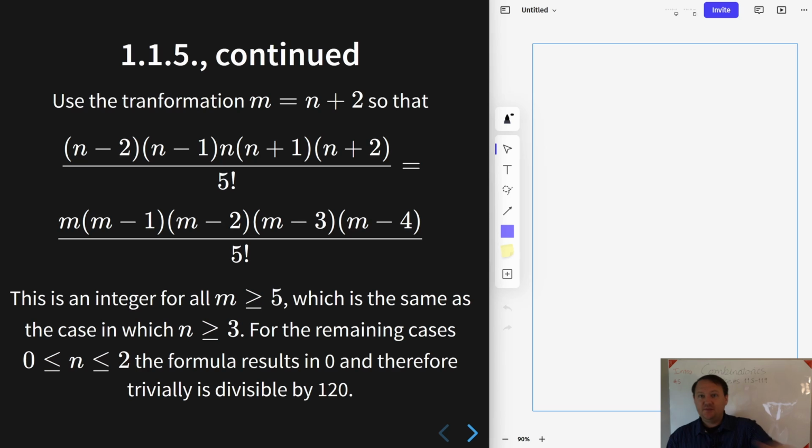So this basically constitutes the proof for when n is greater than or equal to 3. And in the remaining cases where n is between 0 and 2, it's easy enough to see that the expression evaluates to 0 in all of those cases and therefore is divisible by 120 trivially. I think that's perhaps just construing this as something to do with counting.